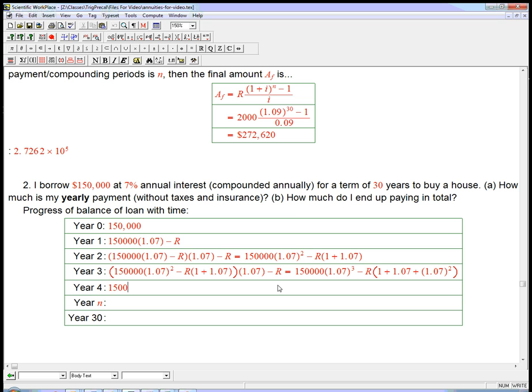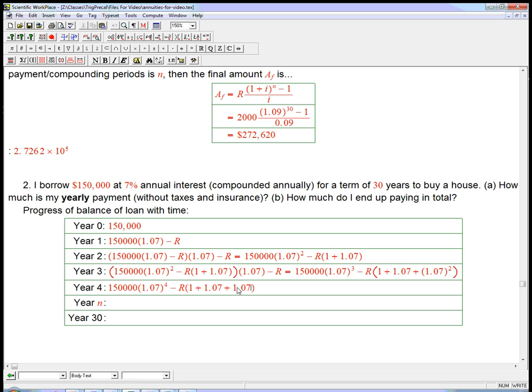We're going to have $150,000 times 1.07 to the 4th power. But then we're going to have that R. We paid it once without any benefit of reducing the interest paid. We paid it a year ago, and that gets an extra benefit because we don't have to pay interest on the R that we took out a year ago. We get an even more extra benefit.